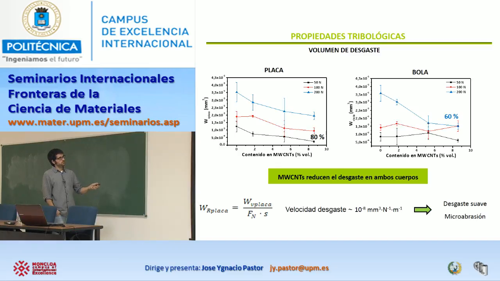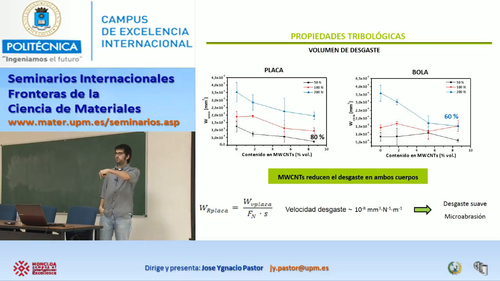Also, you can see here that with the highest load, for all of them, for 50, 100, 200 newtons, the reduction of the wear of our material is really great. But it also happens, and this is quite interesting, not only in our material, it happens in the counterbody, in this silicon nitride ball that was rubbing, okay? This is the wear of the ball, okay?